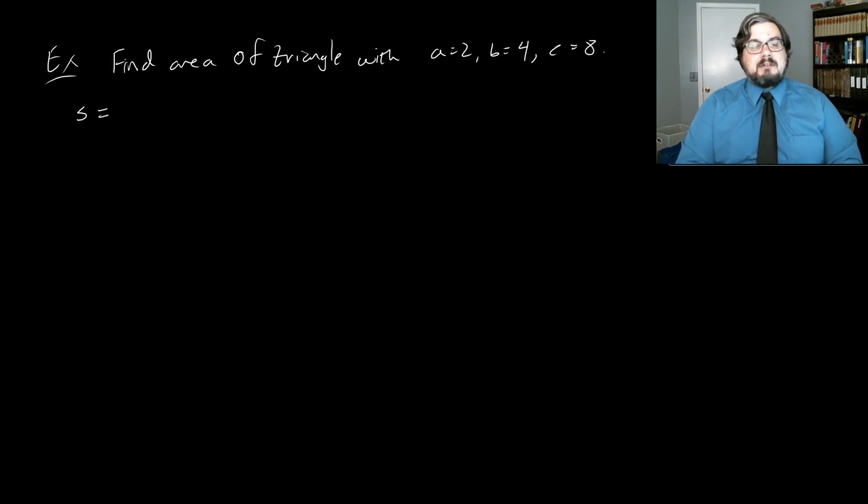So if we want to use Heron's formula, we'll need to calculate this number s. It's 1/2 times a plus b plus c. So we get 1/2 times 2 plus 4 is 6 plus 8 is 14. So s is 7.